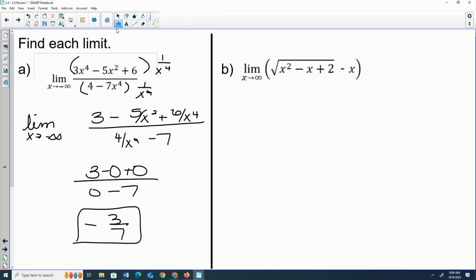On B, we can't divide by the highest power of x because we don't have a fraction. I can't just plug in because it's infinity minus infinity. If it were infinity plus infinity, I could say that's just infinity. So what do we do? X minus x plus 2 plus x on top of that.